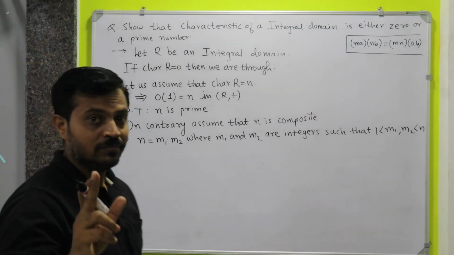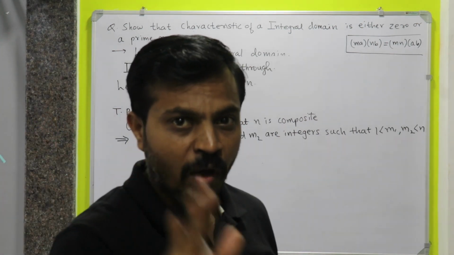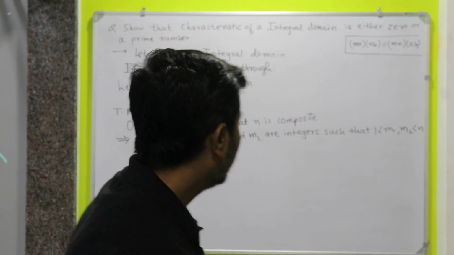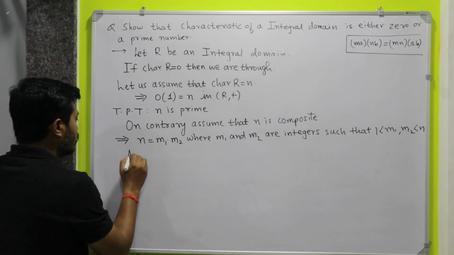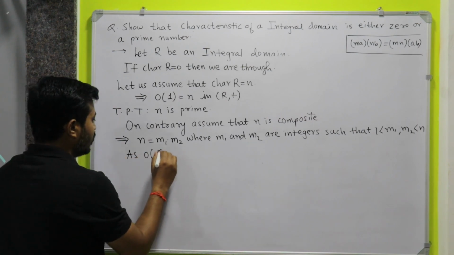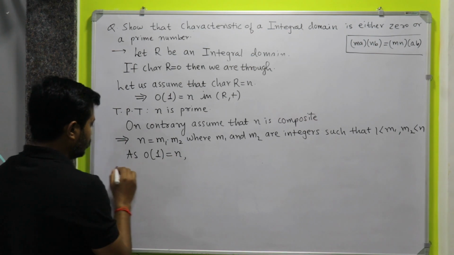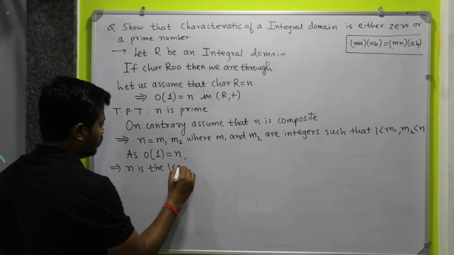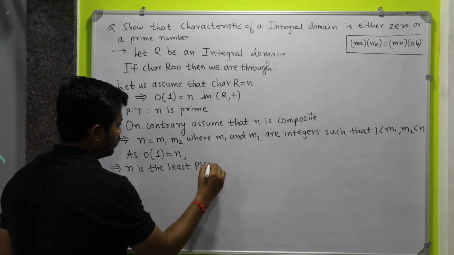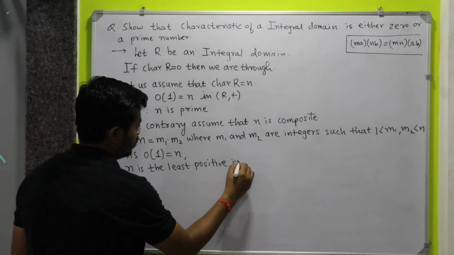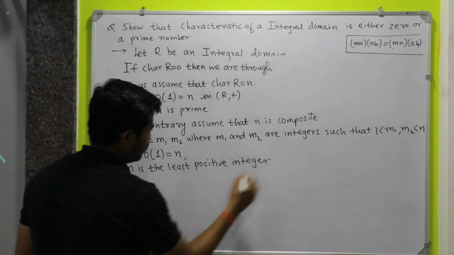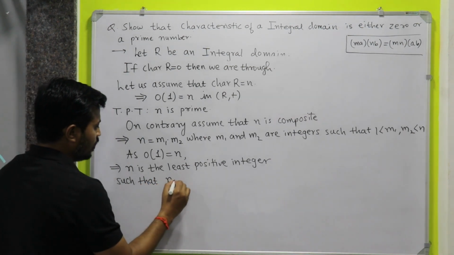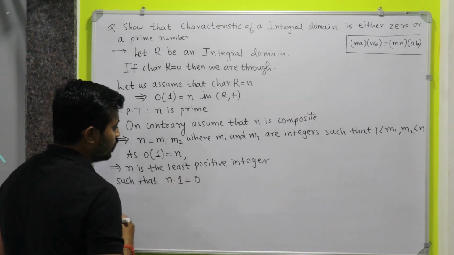Now just remember, what we have is order of 1 is equal to n. What is the meaning of it? Meaning of it is n is the least positive integer such that this n into 1 is actually equal to 0.